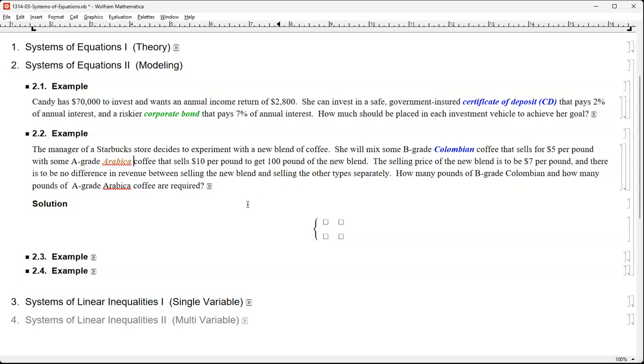And then this problem is asking for how many pounds for each, and then the total of 100 pounds. So x plus y have to add up to 100 pounds. That much is certain. Now how about the others?